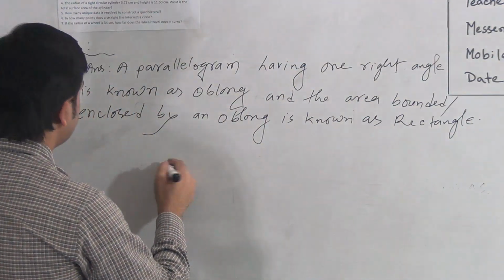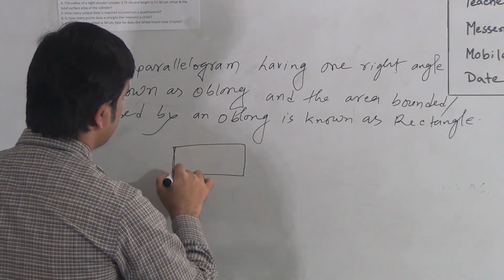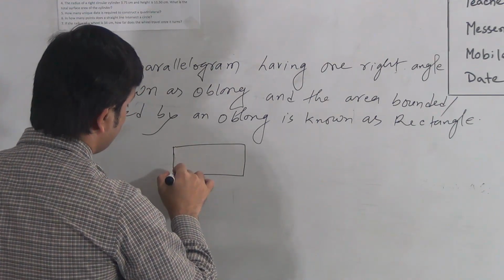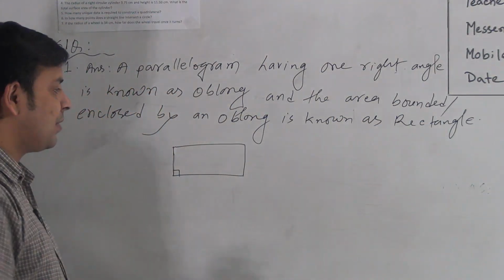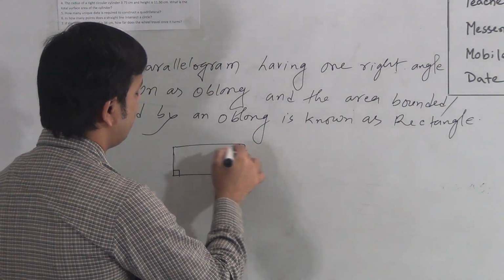So try to understand now here. Suppose this is a parallelogram whose this angle is right angle. If one angle is right angle, automatically all the angles will be right angle.